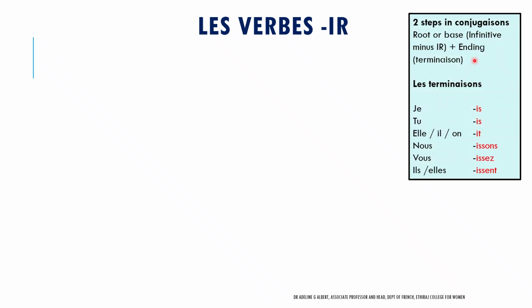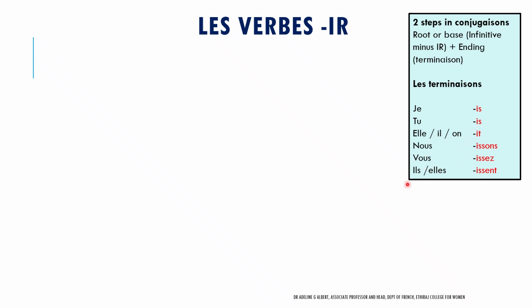So now let's look at the verbs. Here's your rule, two steps. What is the first step? Create the root. How do you get the root? You take the infinitive and remove the ending IR, to which you add your endings. These are your IR endings, completely different from the ER endings. For je, it is IS. For tu, it is IS. For il, elle, on, it is IT. Nous is ISSONS.